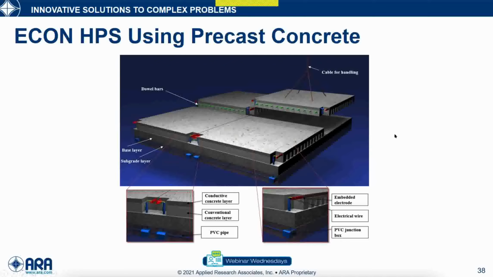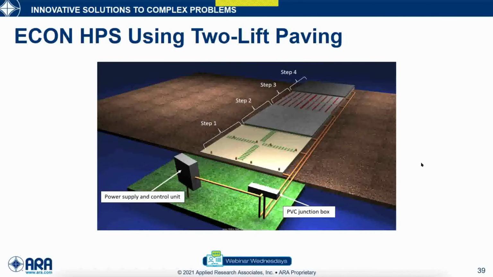We had many discussions with manufacturers that produce precast concrete, and they were interested in implementing this technology. So I think precast concrete is a great idea for areas that require a heated pavement system that needs to be done in a very quick time with reduced traffic disruption.